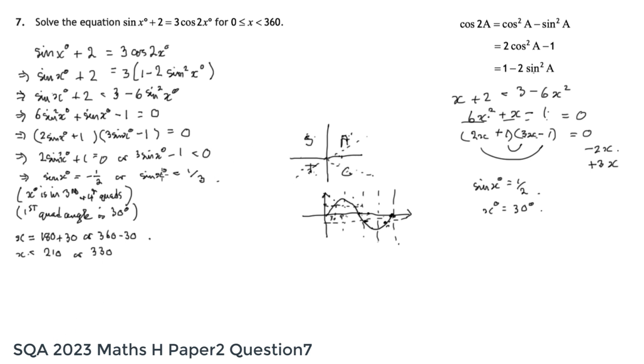And we've now to tackle sine x equals 1/3. So in this case, from what we've discussed, x is in the first or second quadrants. So we do want the first quadrant angle, so let's just grab hold of our calculator.